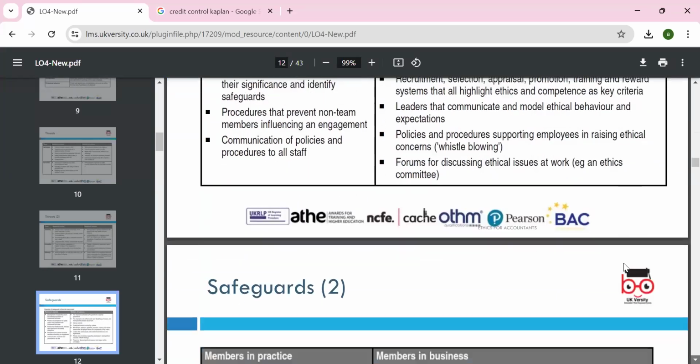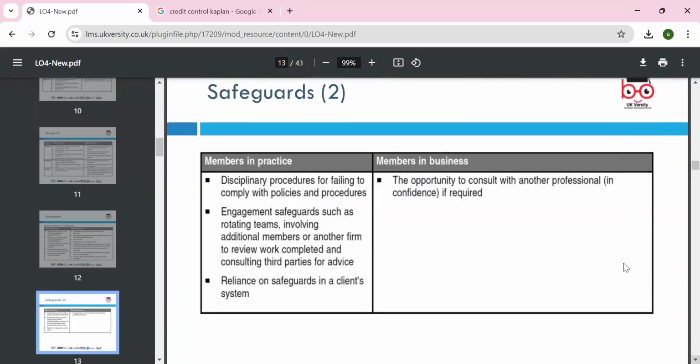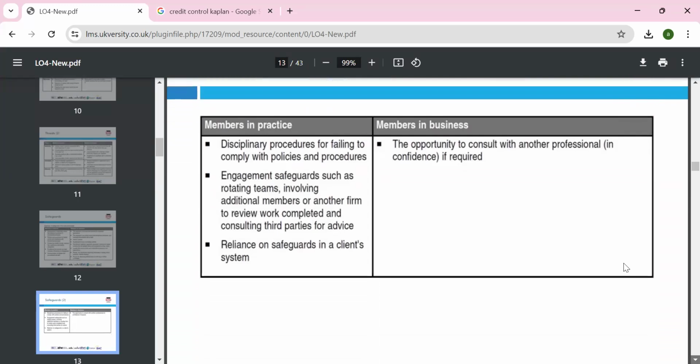Okay, safeguards: we can have disciplinary procedures in place, engagement safeguards, rotating the team, reliance on the safeguards in the client system, and the opportunity to consult other professionals in confidence if required.